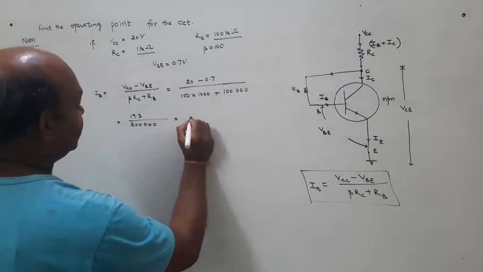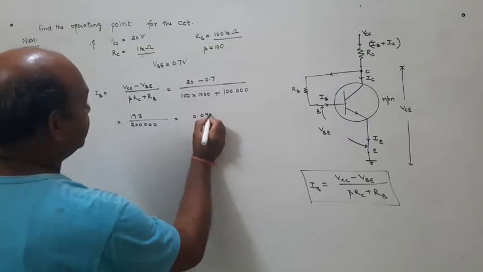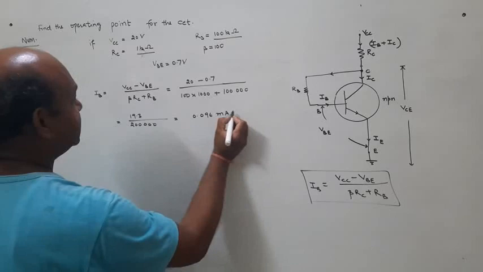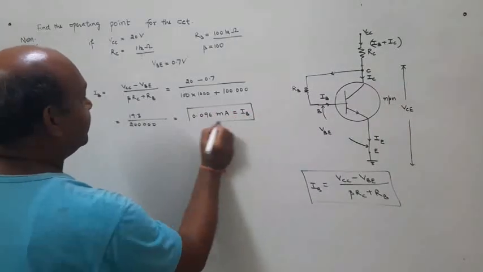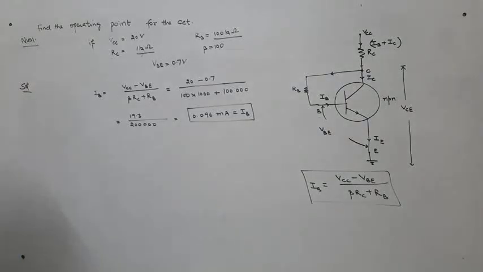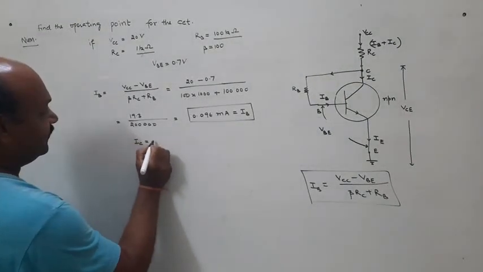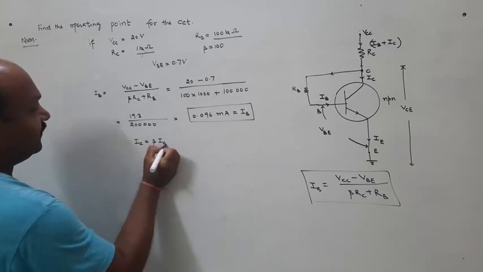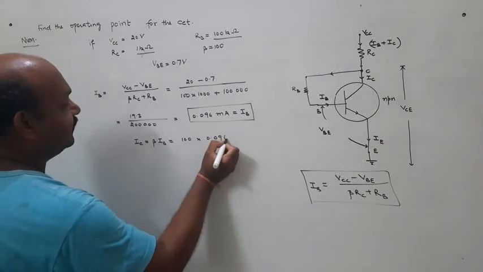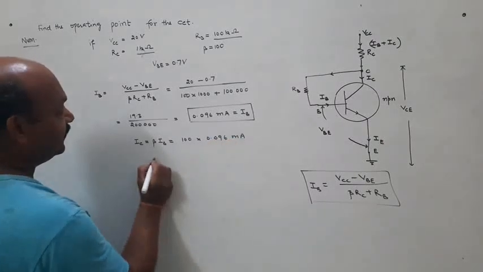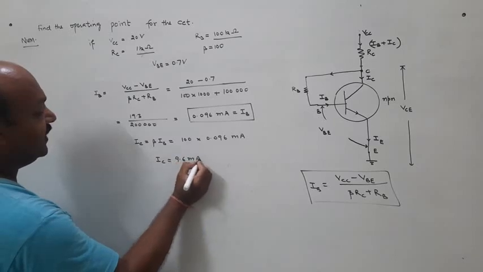So this is IB. So now IC, beta IB, beta is 100. So IC is 9.6 milliampere.